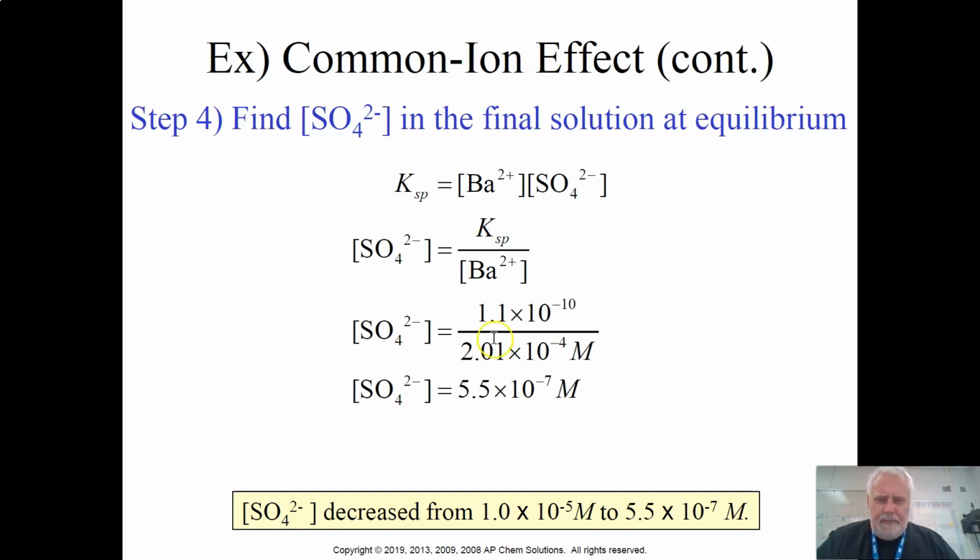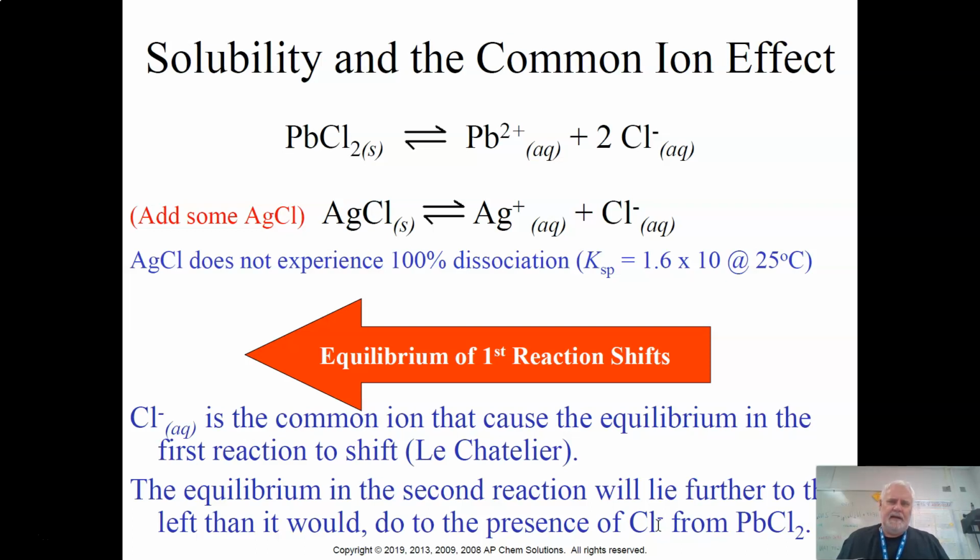So the sulfate decreased, because remember it was shifting to the left, it's going back to the solid side, so you should show a decrease in sulfate ion concentration. That's exactly what happened. Okay, so that's the common ion effect.